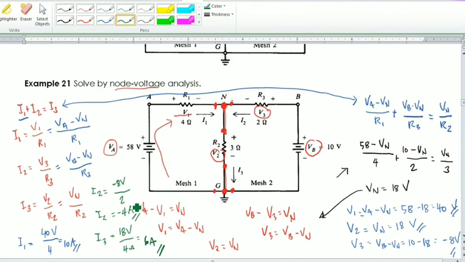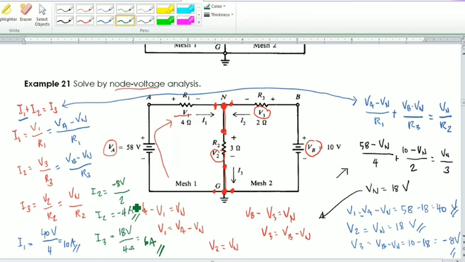So class, again, this is the node voltage analysis, which helped us in solving the unknowns in the circuit. In this method, we showed how to first solve the node voltage in the given circuit. Okay, but class, node voltage is just another method.